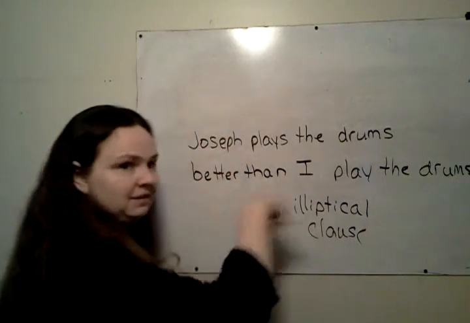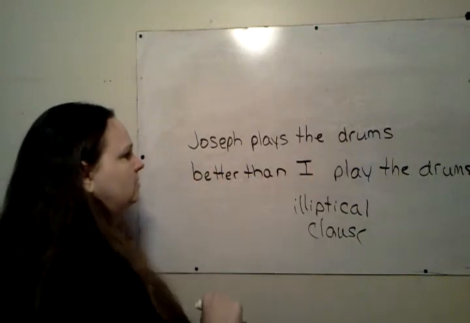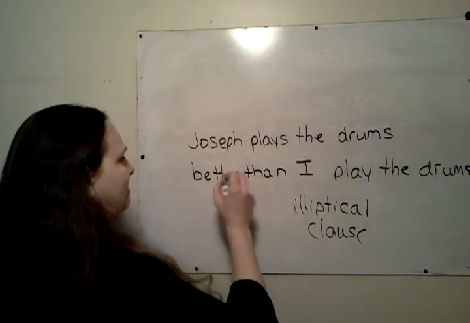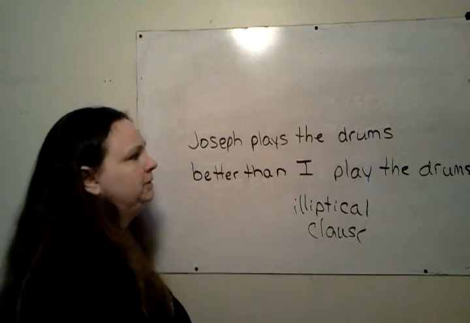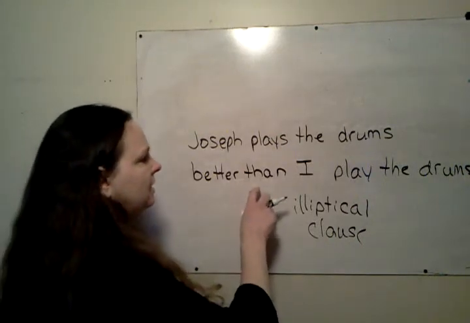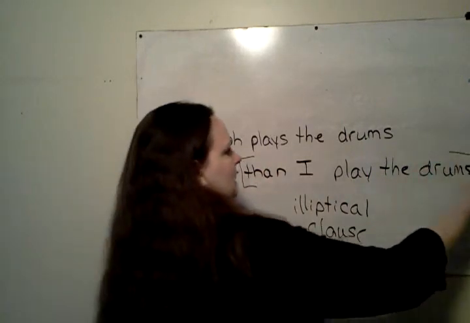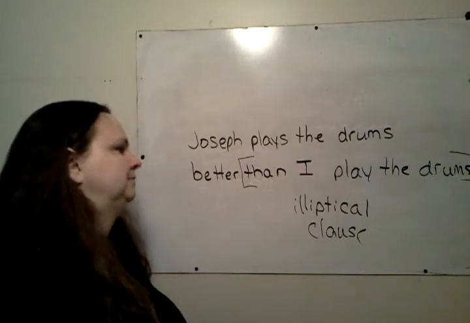If the thought were to be continued, that's what's missing. So Joseph plays the drums better. Joseph plays the drums, or Joseph plays the drums better. Those are independent clauses. They could be. But then I play the drums. This here is a dependent clause.